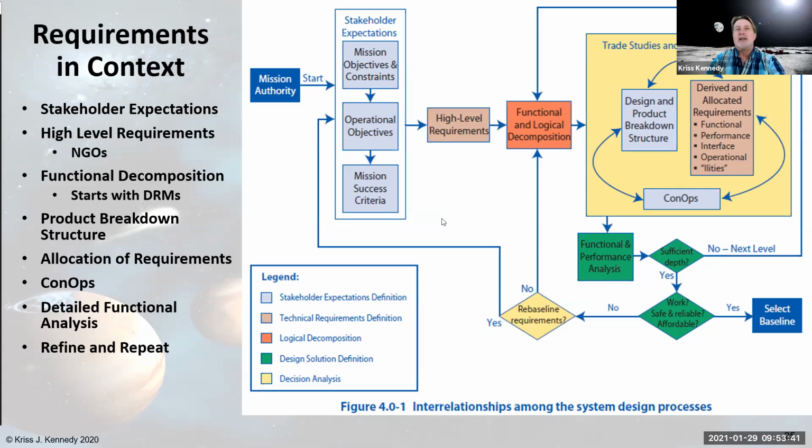So all of this activity comes together to define the requirements. And there are derived requirements and allocated requirements. A lot of the allocated requirements come from above. The derived requirements come from analysis and studies of the mission and the systems and the elements. And they can be functional, performance, interface, operations, and ilities. Ilities being maintainability, serviceability, these kinds of things. So these are important requirements.